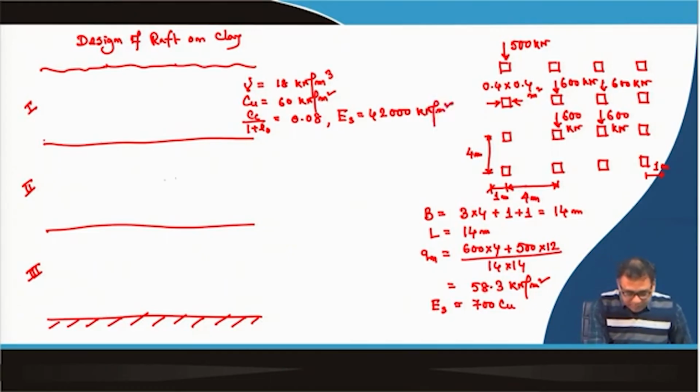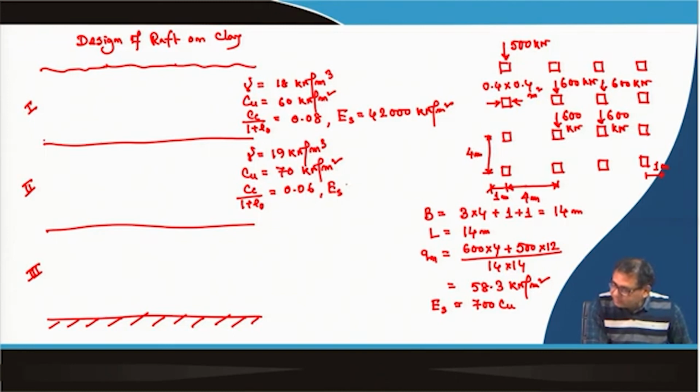42,000 kilonewton per meter square. For the second layer, unit weight is 19 kilonewton per meter cube, undrained cohesion is 70 kilonewton per meter square, Cc over 1 plus e0 is 0.06 and Es is given as 49,000 kilonewton per meter square.